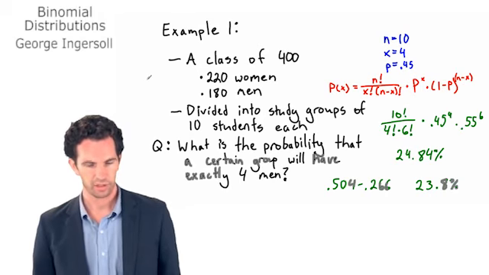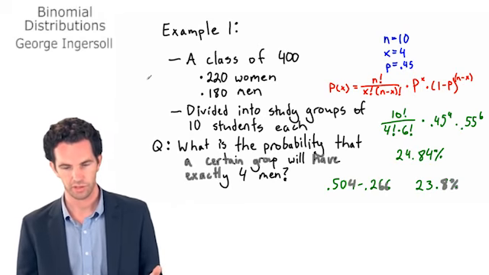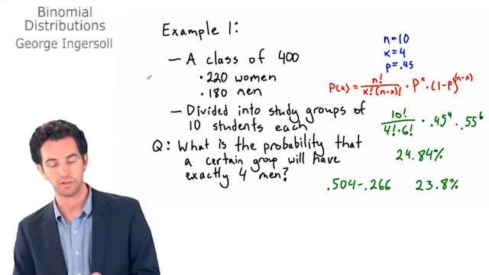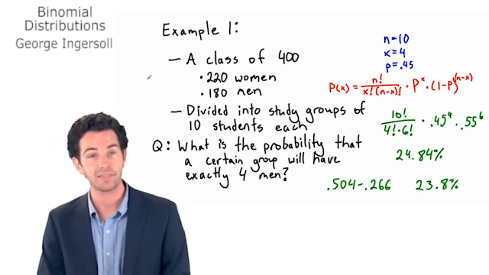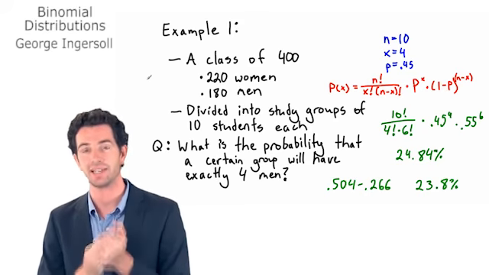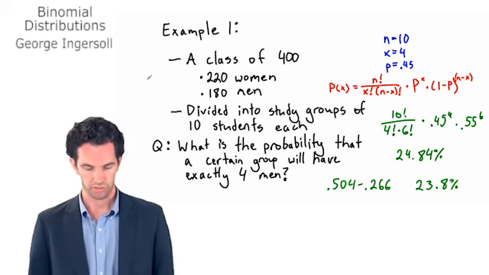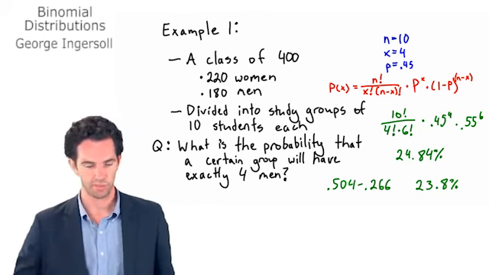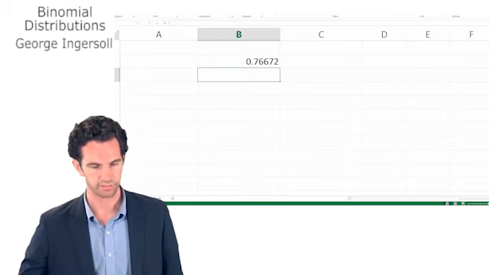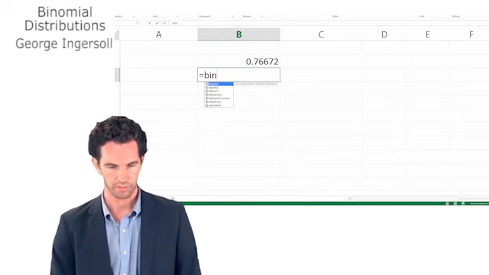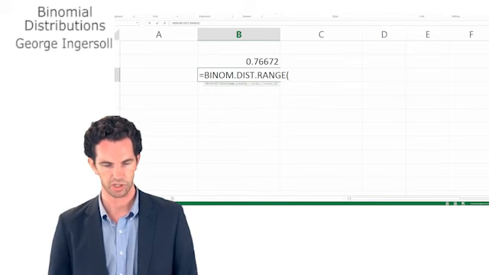Example 1, we had 10 trials. We were looking for the exact value, the probability of getting exactly 4, and the probability of success on any specific trial was 0.45. So let's go back into Excel and enter that in. I'm going to say equals binomial distribution range.